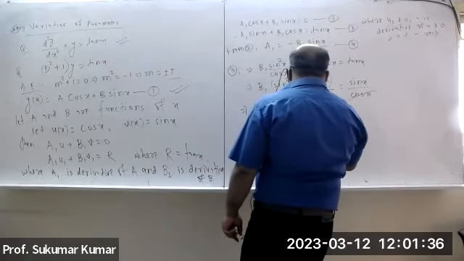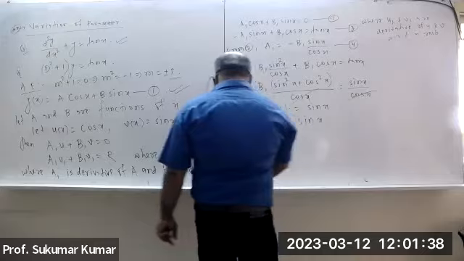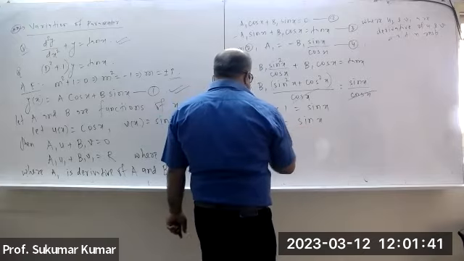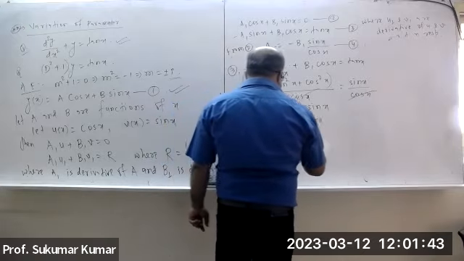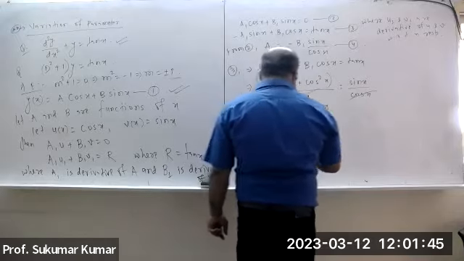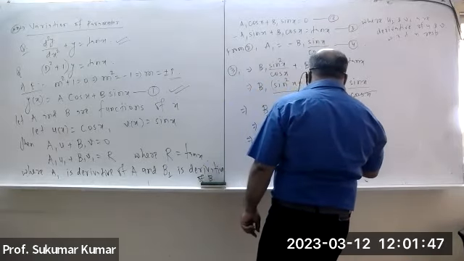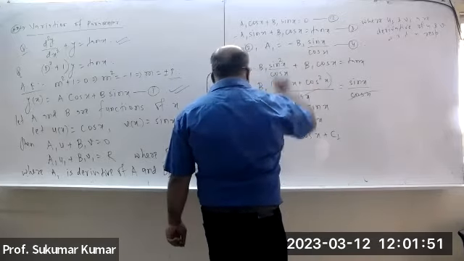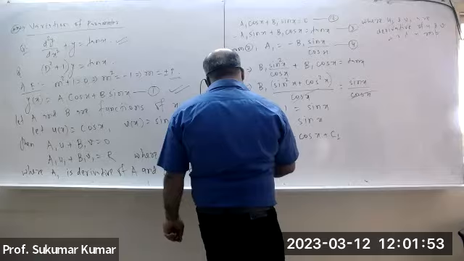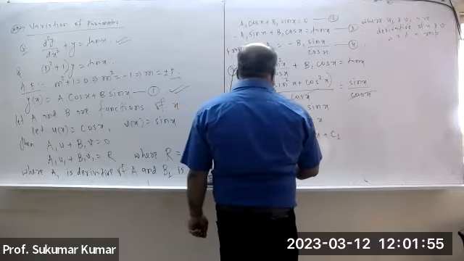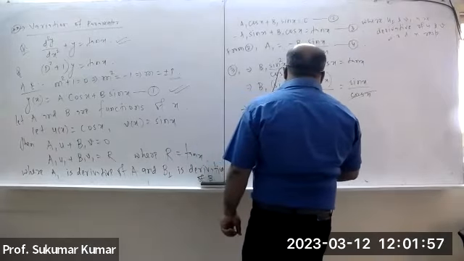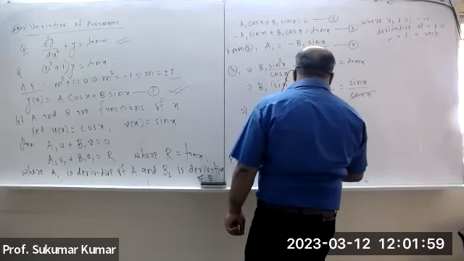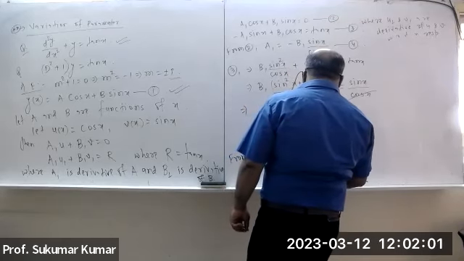So B1 we got sin x. From B1 we can derive by integration. Then minus cos x plus C1, B we got. A1 we will find from here. Minus B1 is minus sin square x by cos x.